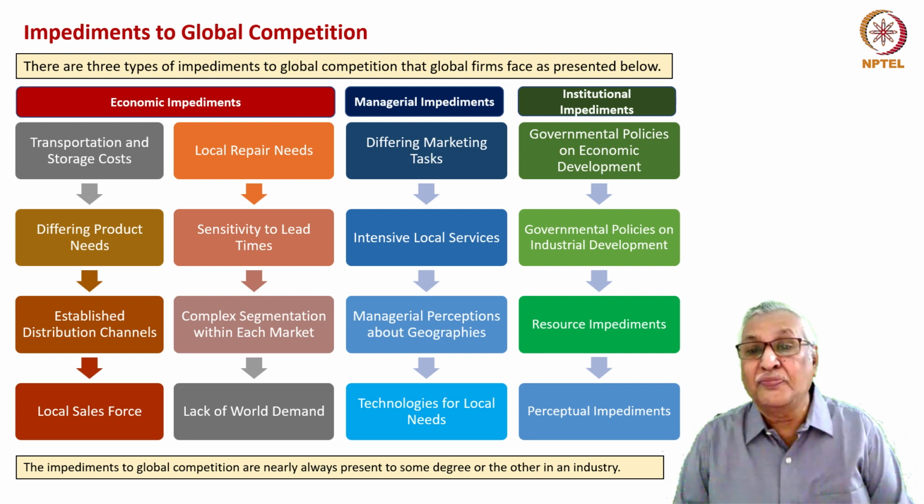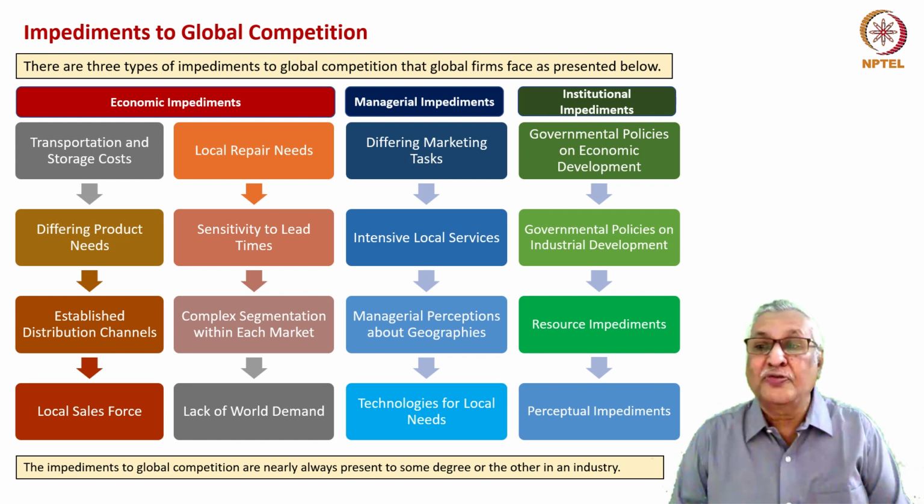There are managerial impediments too, differing marketing tasks, intensive local services, therefore, the need to develop local field force and local managerial talent, managerial perceptions about geographies, and technologies that need to be adapted for local needs.